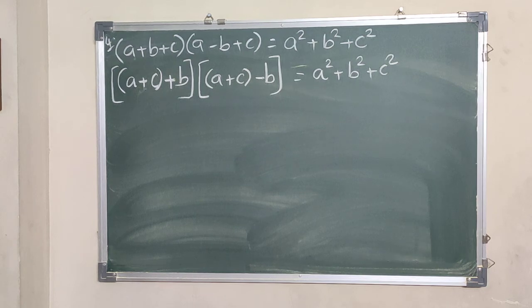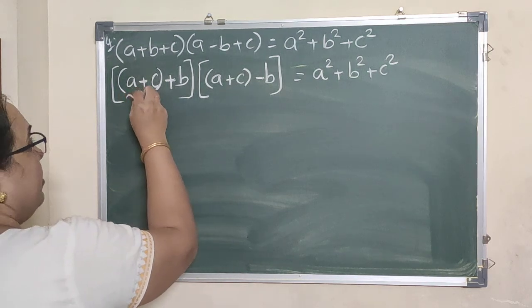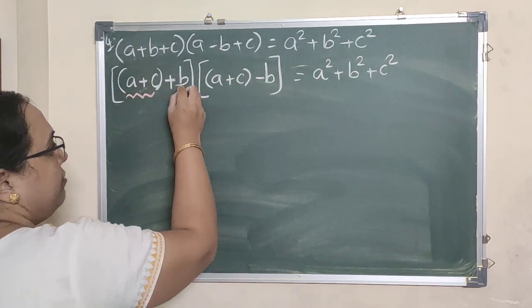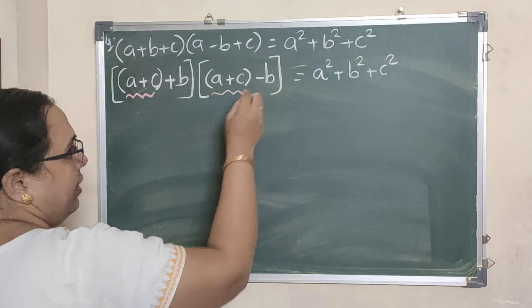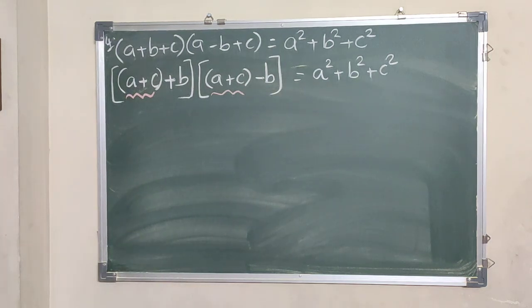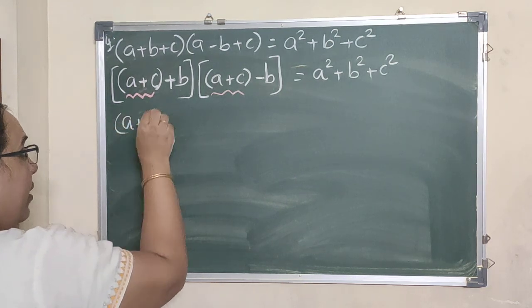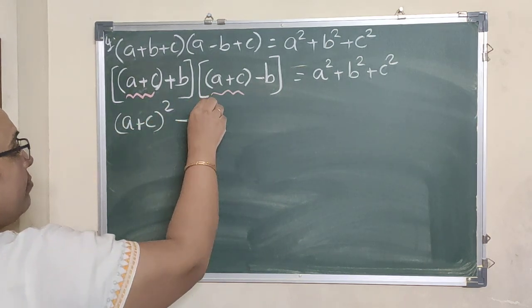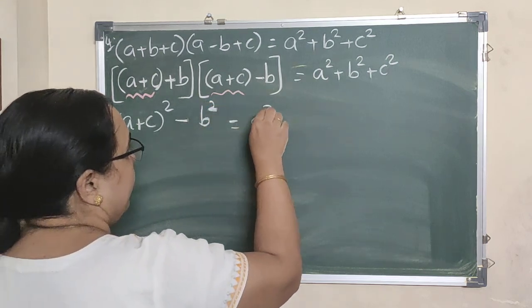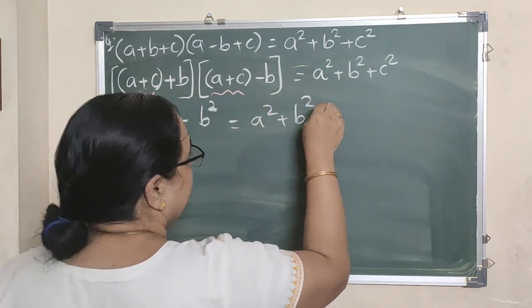So when you look at the brackets now, this is something like A plus B, A minus B, right? I can write this as A square minus B square. Yes, agreed all of you?